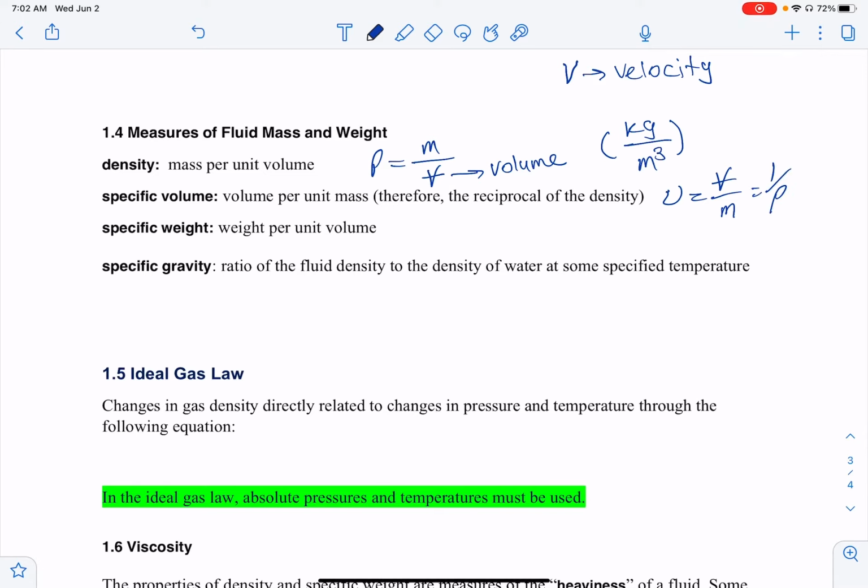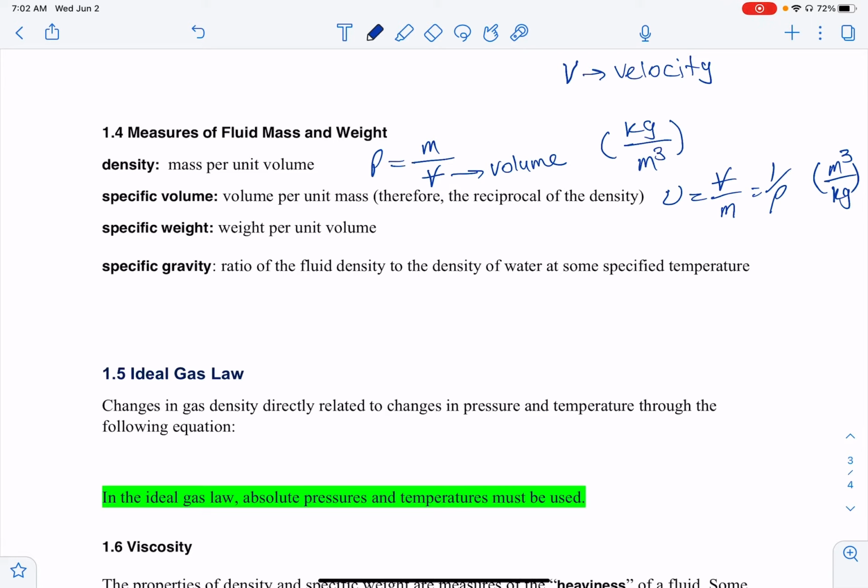Because density is mass per volume, so the unit is going to be meter cubic per kilogram.